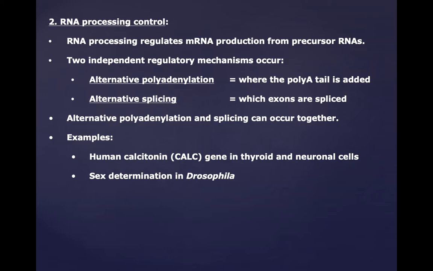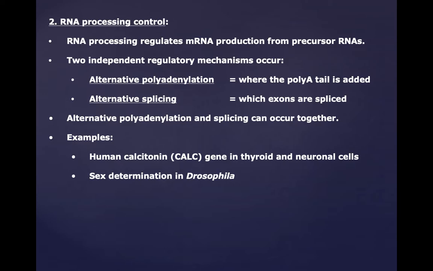So these two things are independent of one another, but they can occur at the same time, such that you have achieved regulation of the expressed gene, or in a way modified the byproduct production.